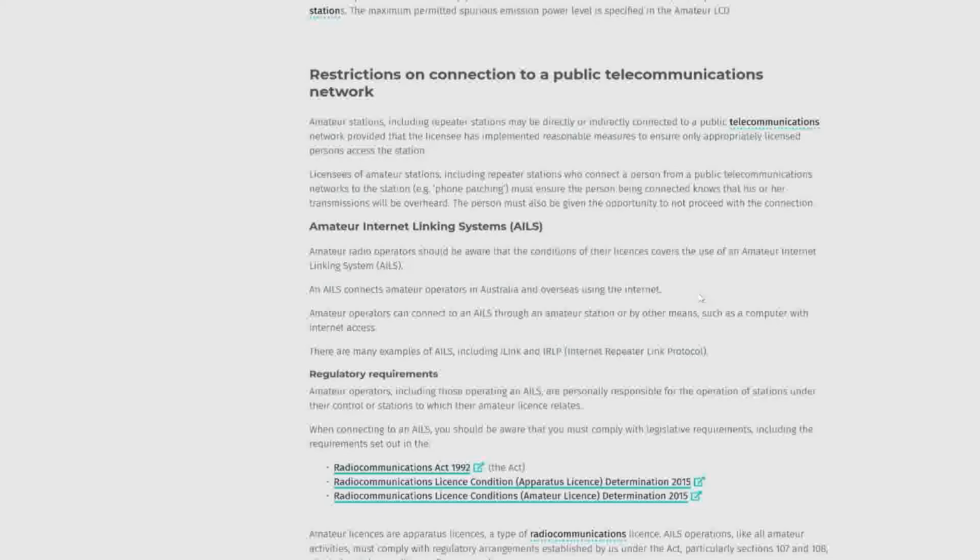That's why if you want to go on things like the digital mobile radio network, which is an internet linked network, or IRLP, which is an internet linked network, the operators of that network will have to verify, usually by you sending them your certificate or a copy of your license, that you are a licensed radio amateur.